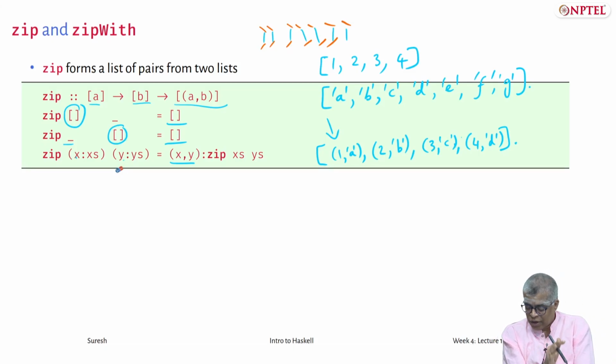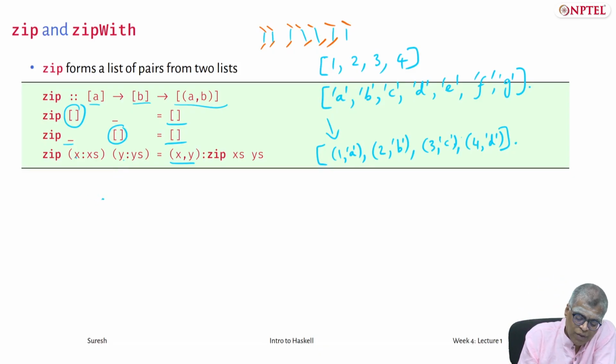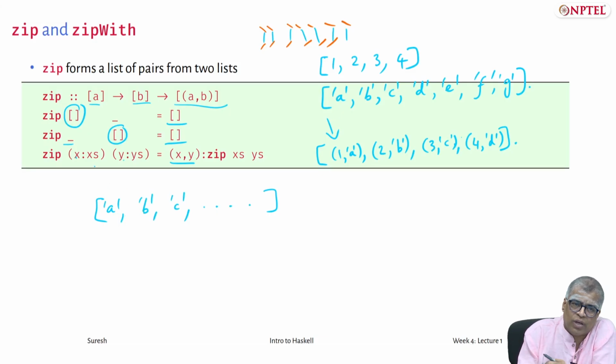There is one common use case for it, which is that sometimes you have a list of elements and you want to attach the index of the element along with the element itself.